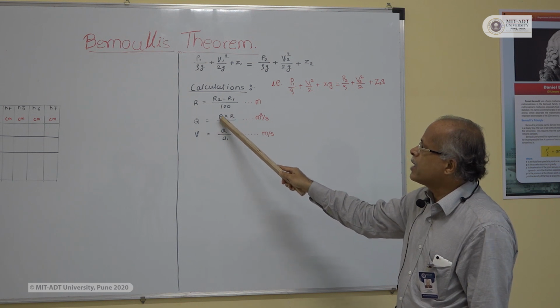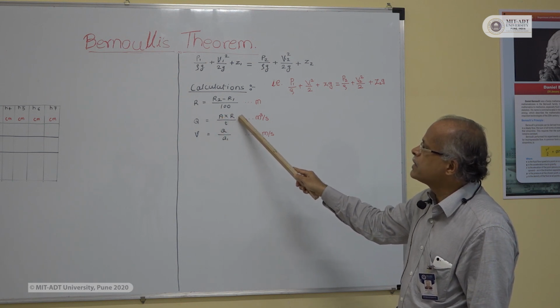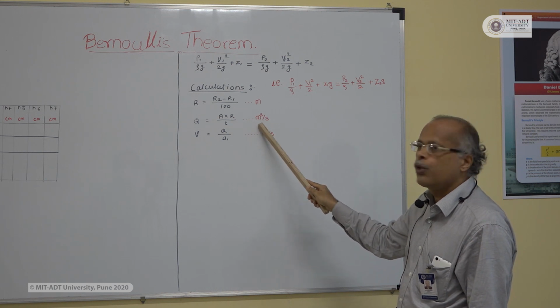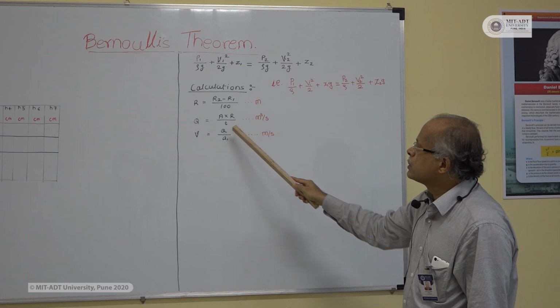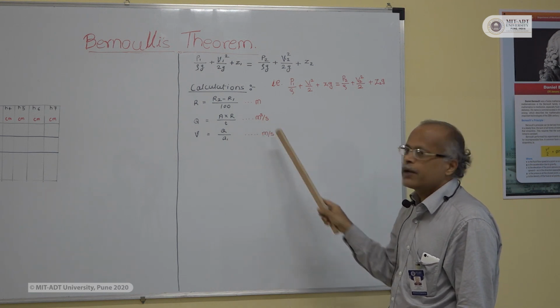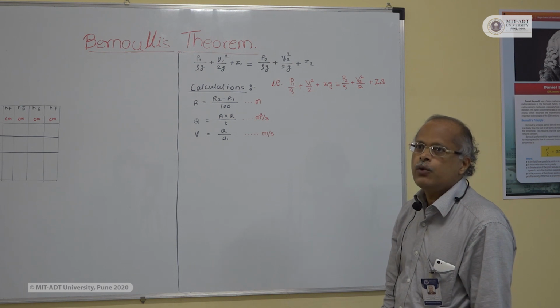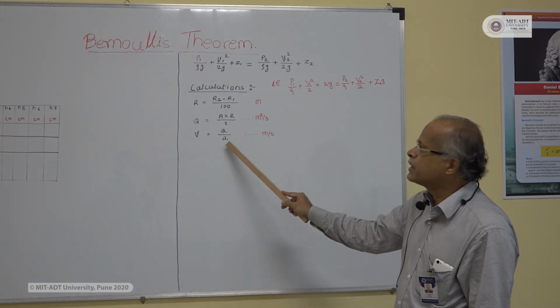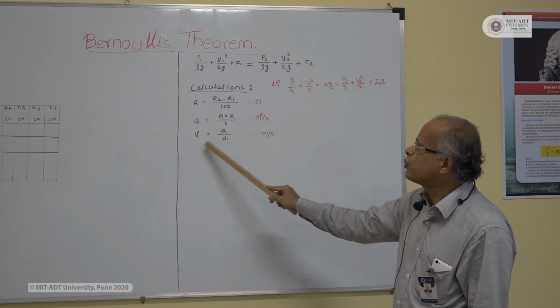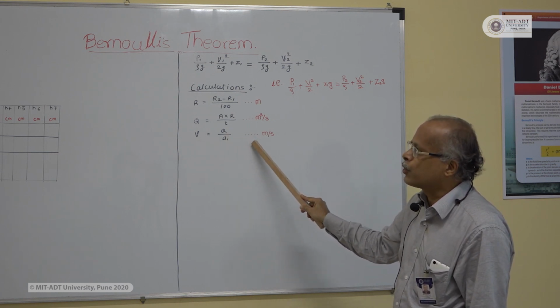So, dividing by time in seconds gives Q, the flow in meter cube per second. This flow is constant at all sections. Therefore, if we require velocity at any one section, we can divide this flow by the cross sectional area at that location, and we get velocity at that location.